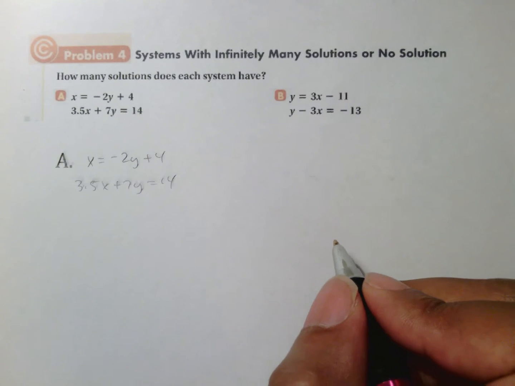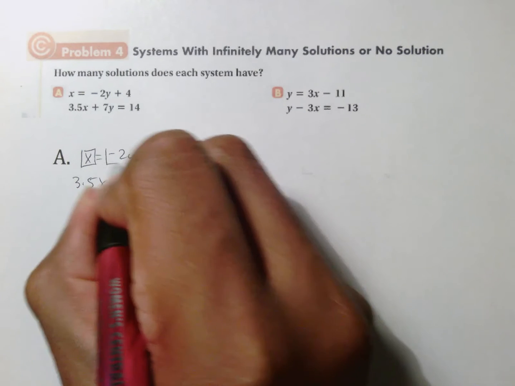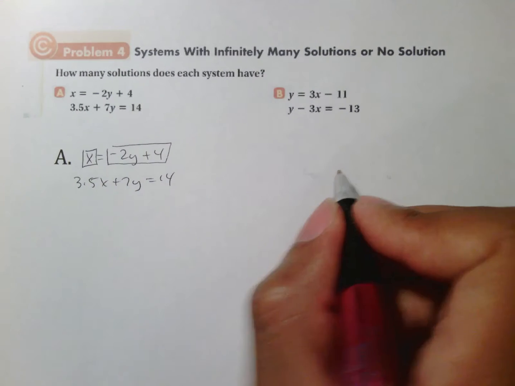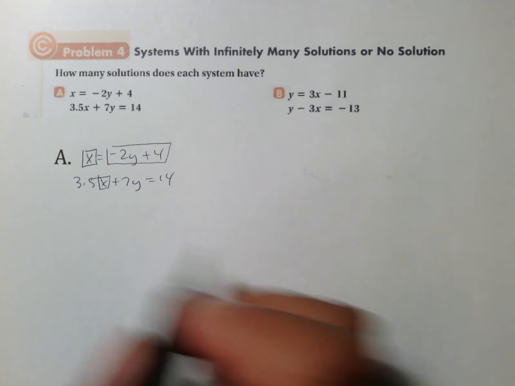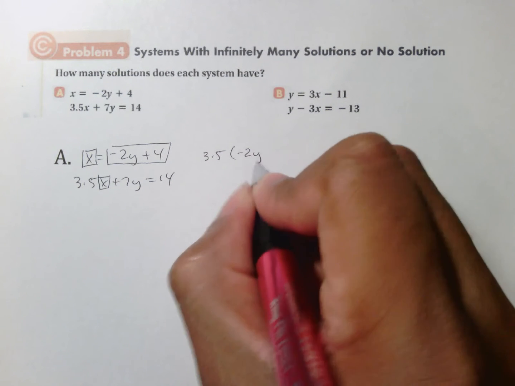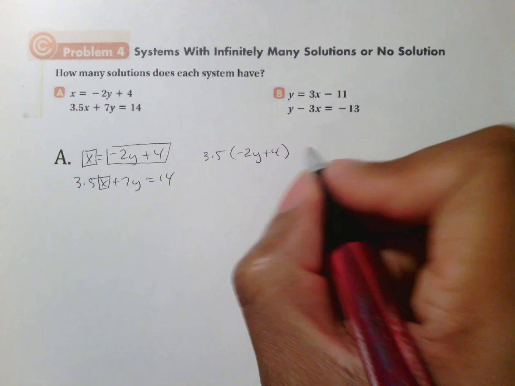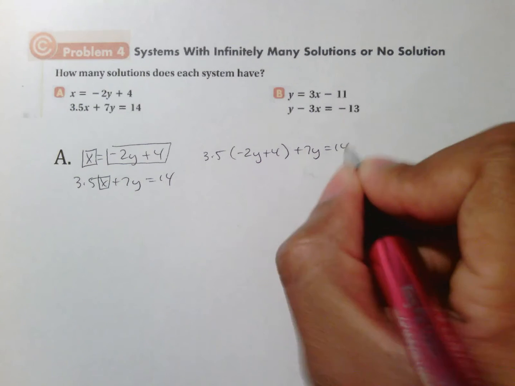Now the variable that we have alone here, if you remember doing that just a second ago, is our x. Our x can be traded out for negative 2y plus 4, and so we come down here and put another box around that x. 3.5 is in front of the box. Trade that out for negative 2y plus 4, and then rewrite the rest, which is plus 7y equals 14.